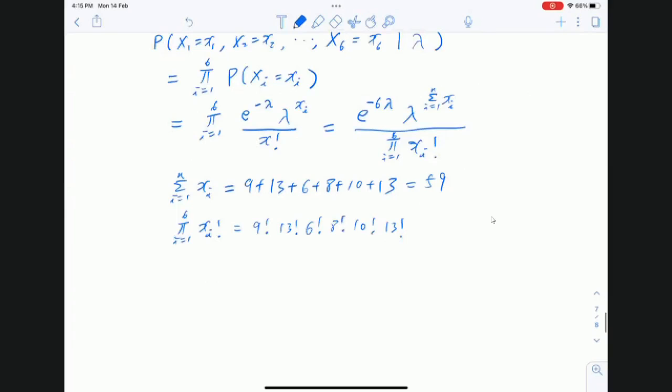So for lambda equal to 10, we substitute lambda equal to 10 into that expression.